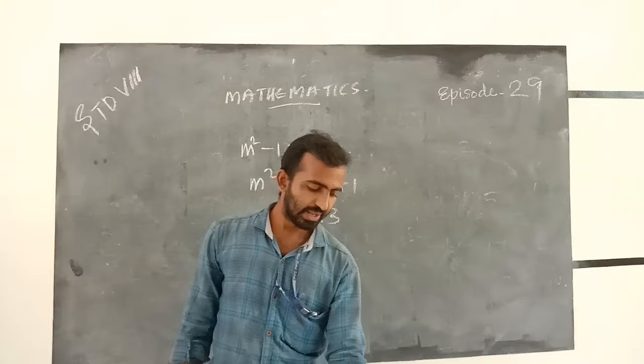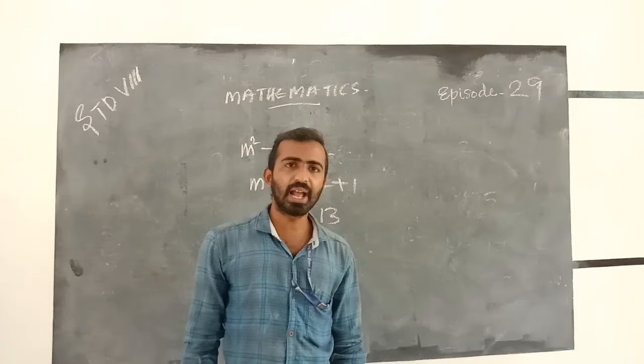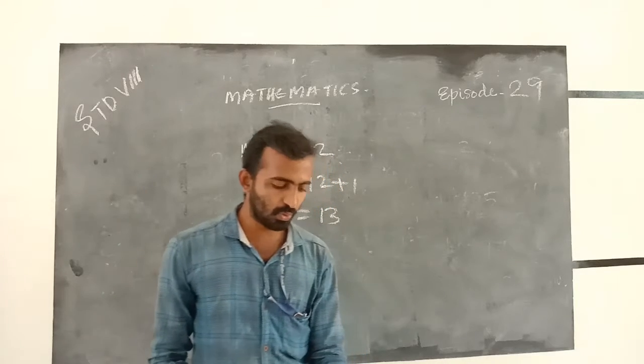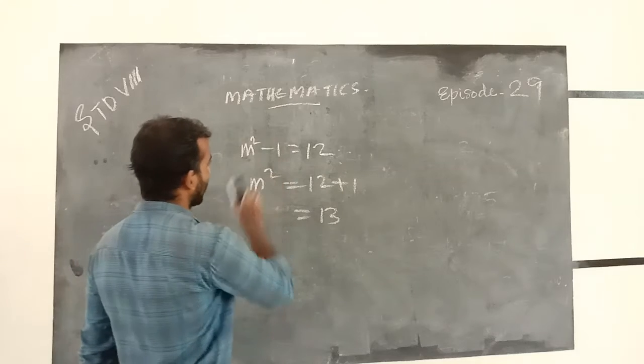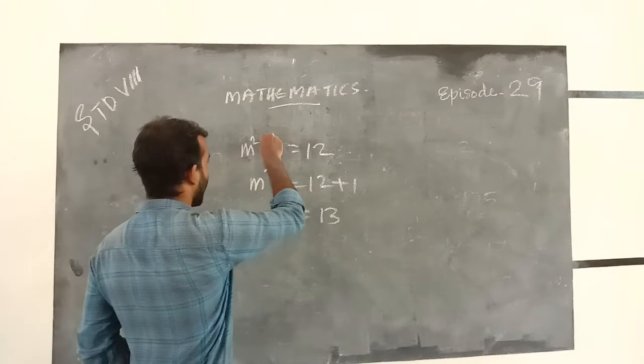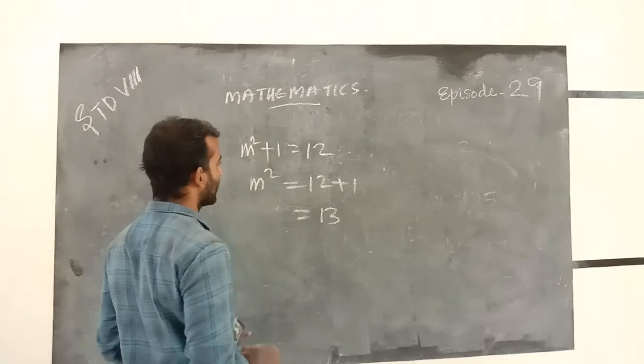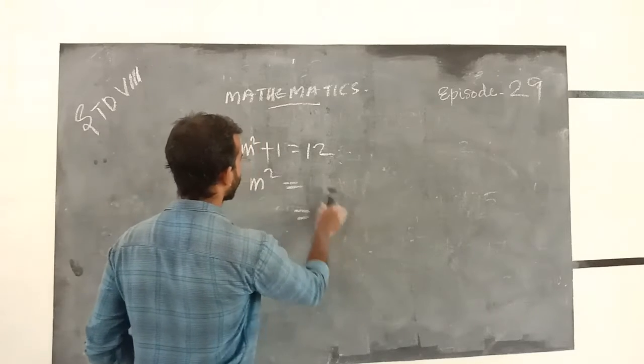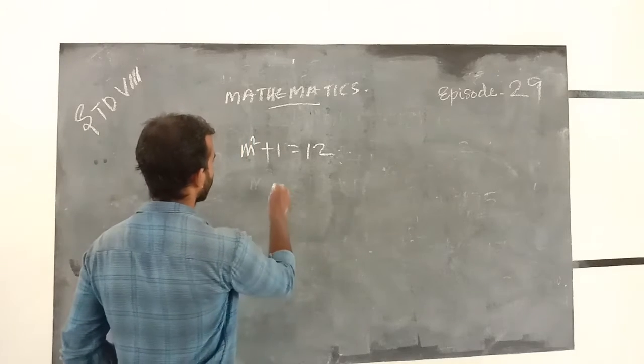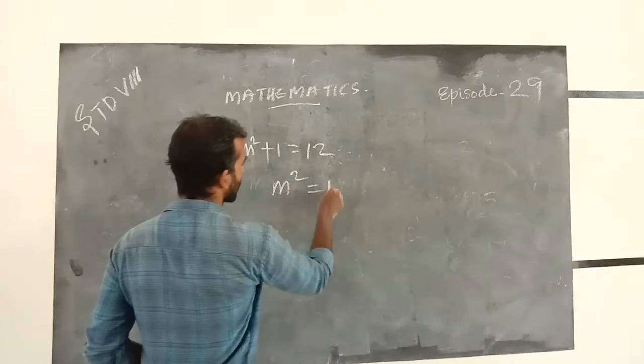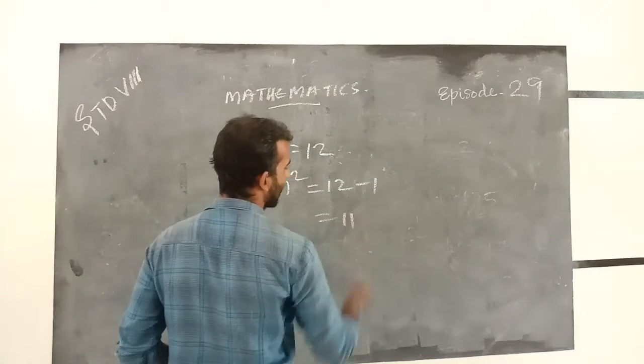That is, m square equal to 12 plus 1, we get 13.